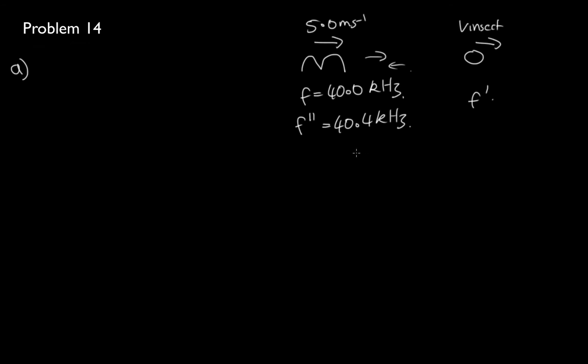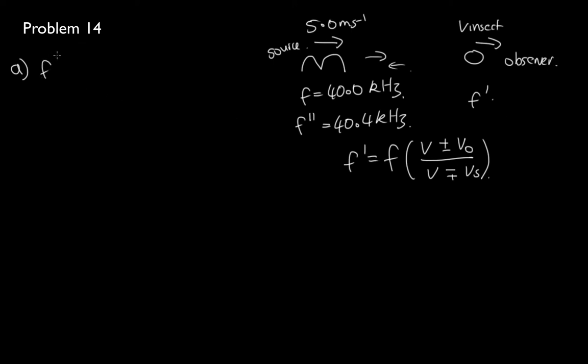Okay, so we know from the Doppler equation f dash is equal to f times (v plus or minus the velocity of the observer) over (v minus or plus the velocity of the source). Now in part A, the source is the bat and the insect is the observer. So just substituting in here, the frequency detected by the insect is the frequency transmitted by the bat times (V, which stands for the velocity of sound, minus V of the insect).